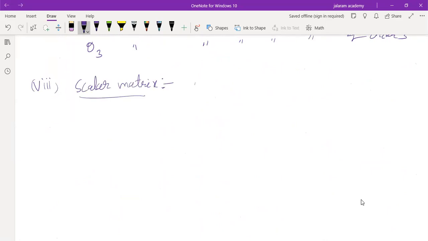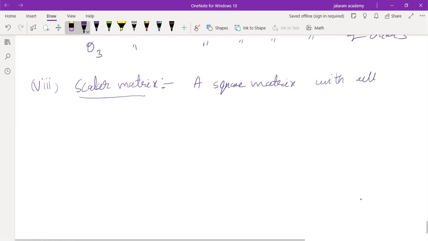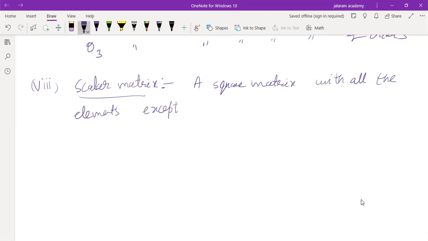It is a square matrix with all the elements except... So before we study scalar matrix, one more matrix is left.